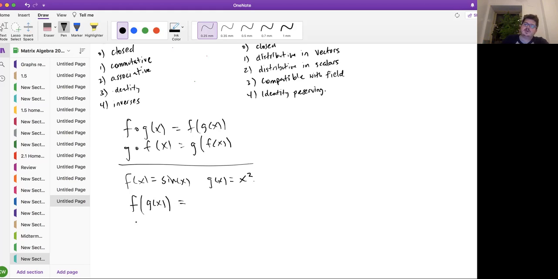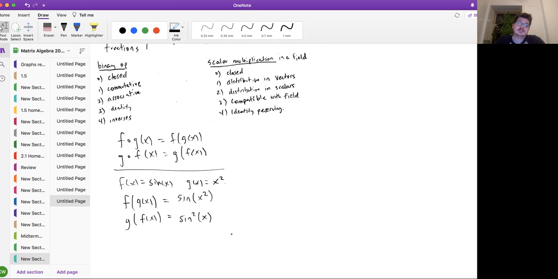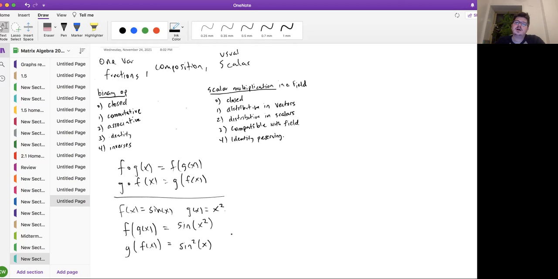And then someone else say what g of f would be. Yeah, the first one is the x gets squared. And good, the second one is the sine gets squared. That's my favorite one for doing composition. So it's not commutative. Another answer would be that inverses don't exist. Can someone say why that's not true?